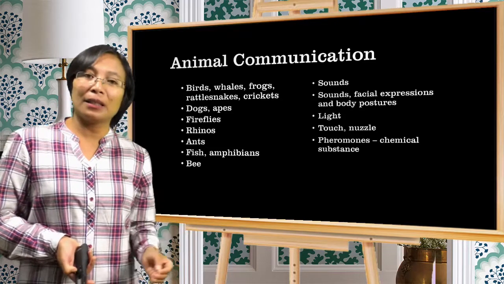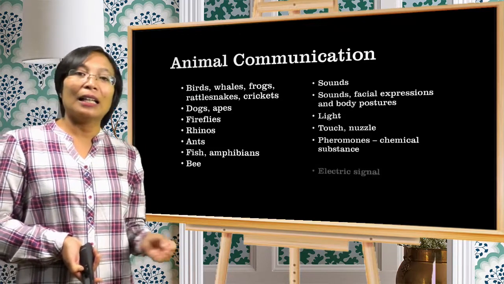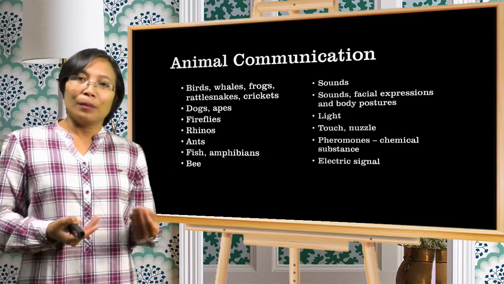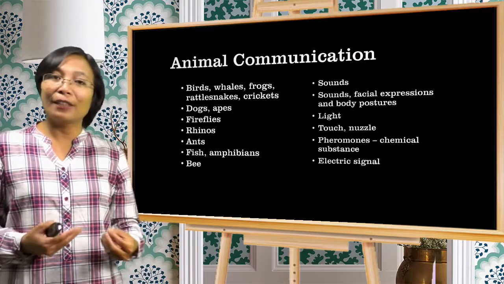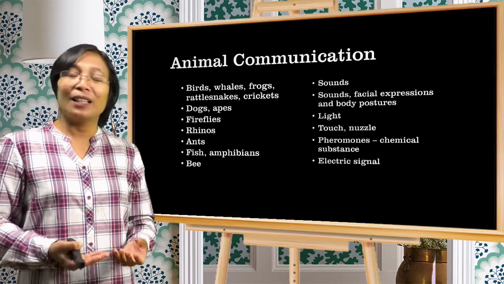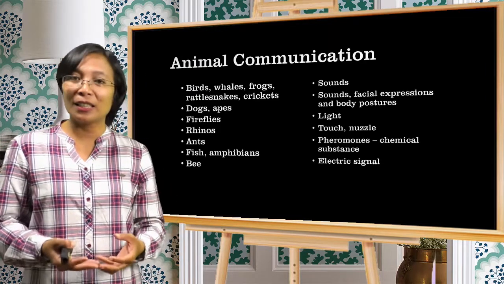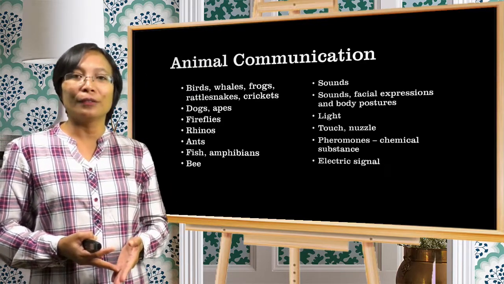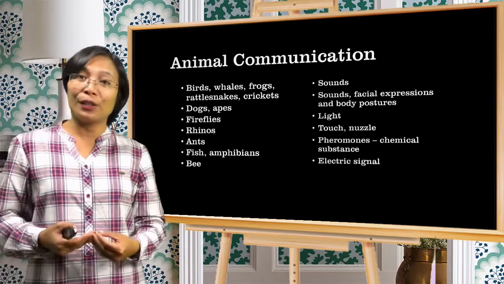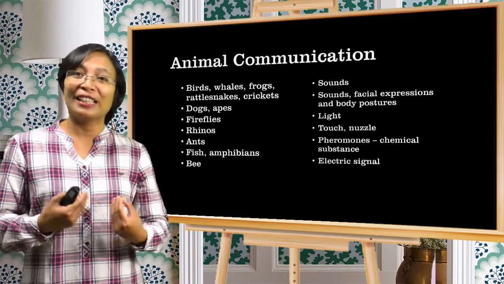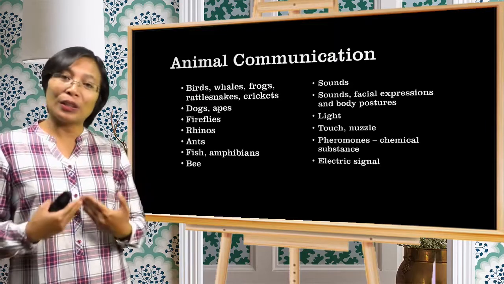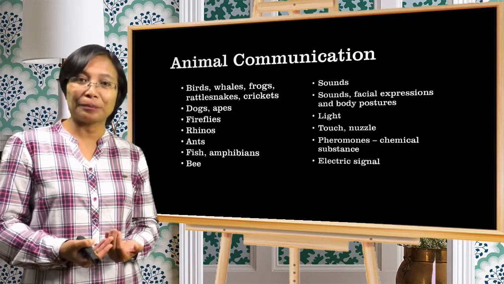Fish and amphibians communicate using electric signals, and bees use a different kind of signal, not in the form of lights, not in the form of electricity, not in the form of touch, but bees communicate to each other using a particular dance. So bees dance to express what they have in their mind.